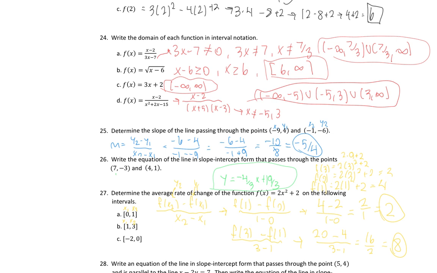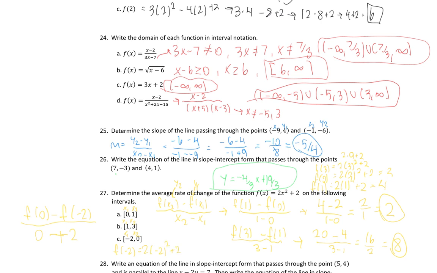Finally, again, x1, x2. I'm going to go off on the left side to do this one. So it's going to be f of 0 minus f of negative 2 over 0 minus negative 2. Well, that's going to become 0 plus 2. And f of negative 2, that's going to be 2 times negative 2 squared plus 2.